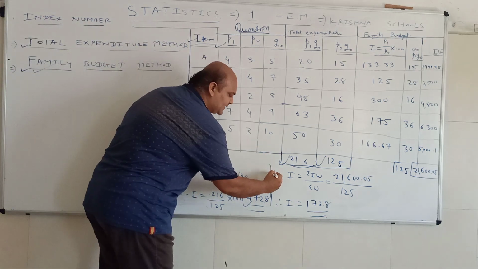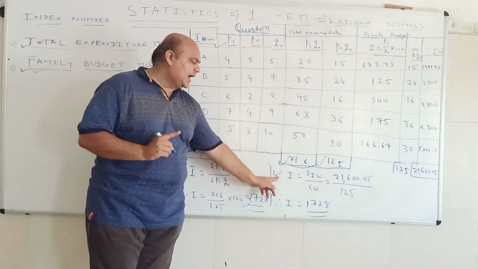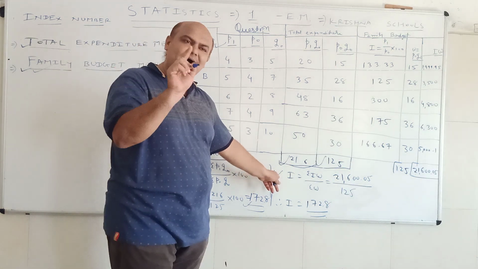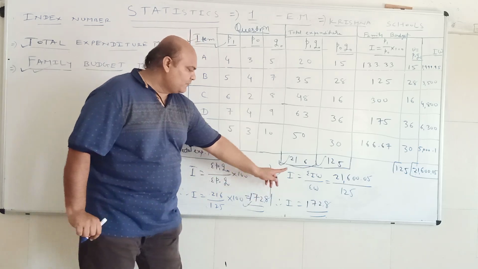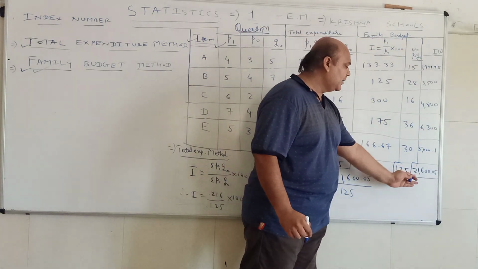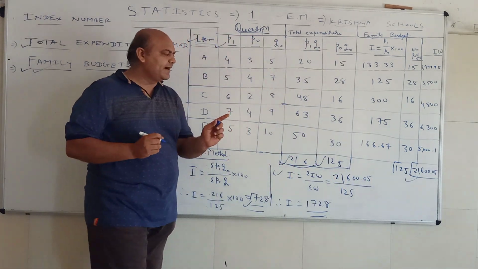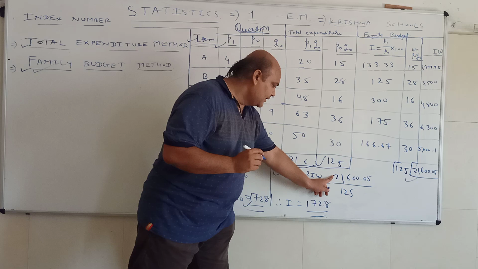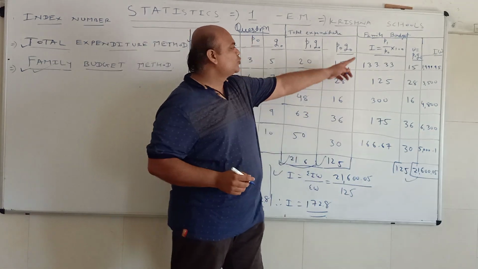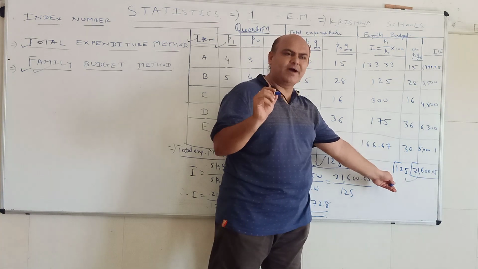Now for our second method, family budget method, the formula of index number is sigma IW upon sigma W. For sigma IW, we take the total of our last column, and that total is 21,600.05, which is divided by sigma W. Sigma W means total of the column of W, and that is 125.